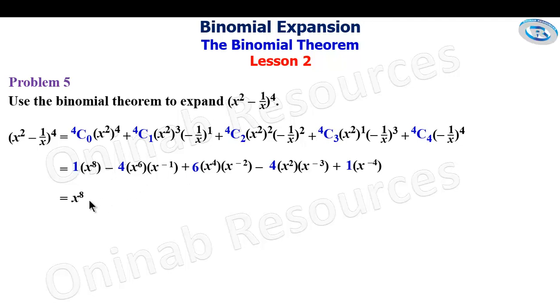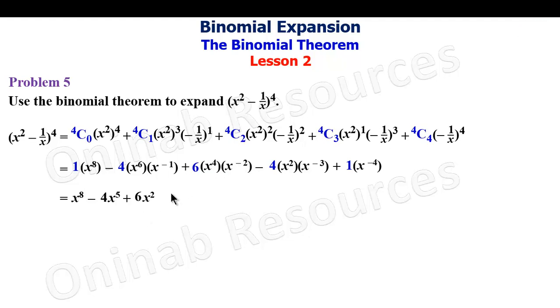So this is going to give us minus 4. X raised to power 6 times x raised to power negative 1. 6 minus 1 gives 5. So we have x raised to power 5 plus 6. Then x raised to power 4 times x raised to power negative 2 will be 4 minus 2, which is 2.